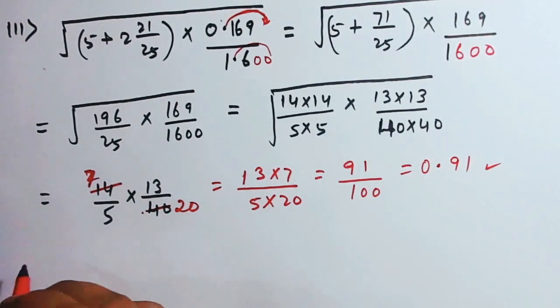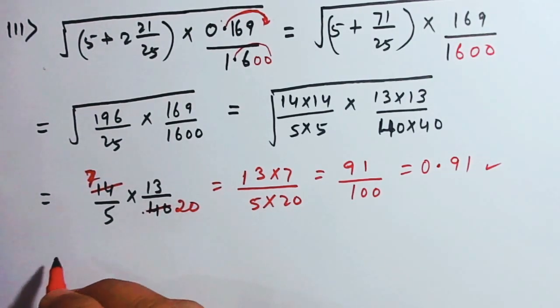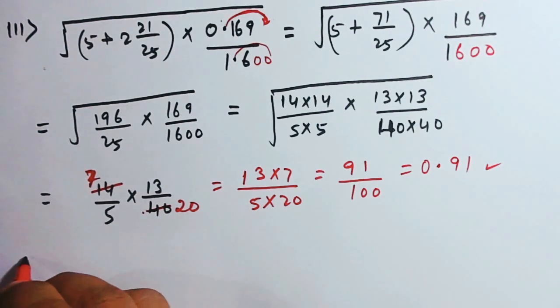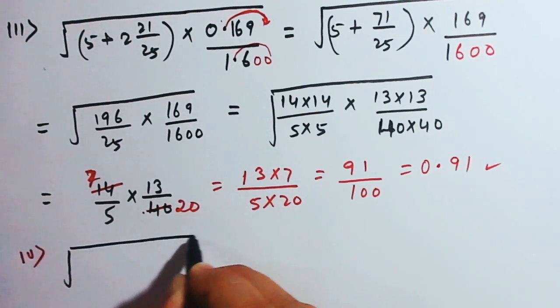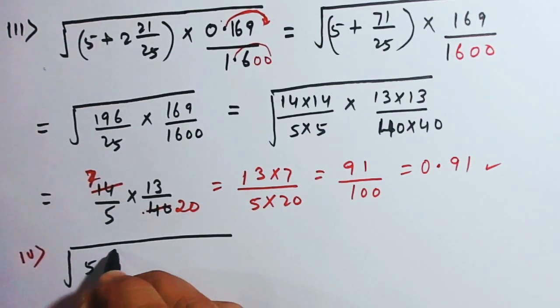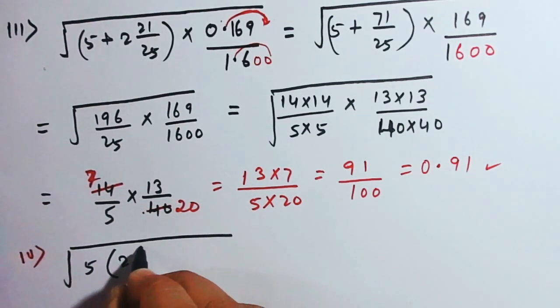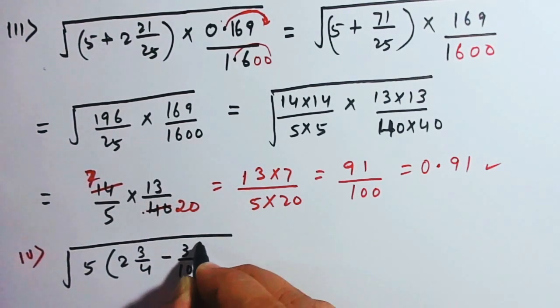Number 4 is also of the same type. So shall we continue with number 4? In number 4, let's have a look. They have given us again to find the square root of 5 2 3 by 4 minus 3 by 10 in bracket.